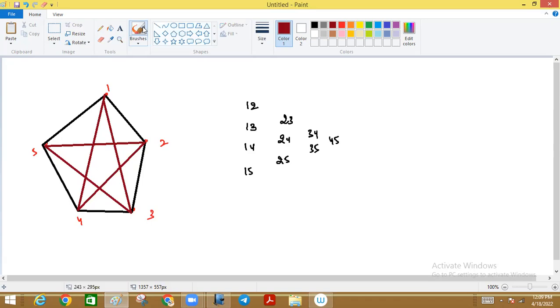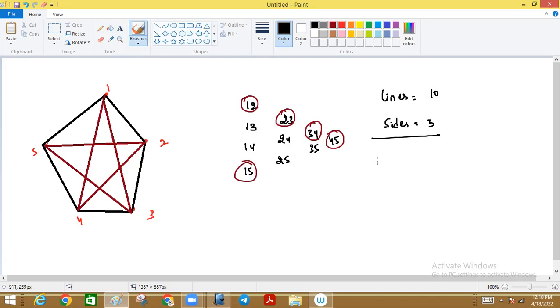And how many diagonals can you draw? 5 diagonals. Out of these 10 lines, 1, 2, 2, 3, 3, 4, 4, 5, 1, 5 are called sides. Yes or no? Number of lines are how many, first of all? Lines are 10. Sides are 5. Therefore, diagonals are 5.